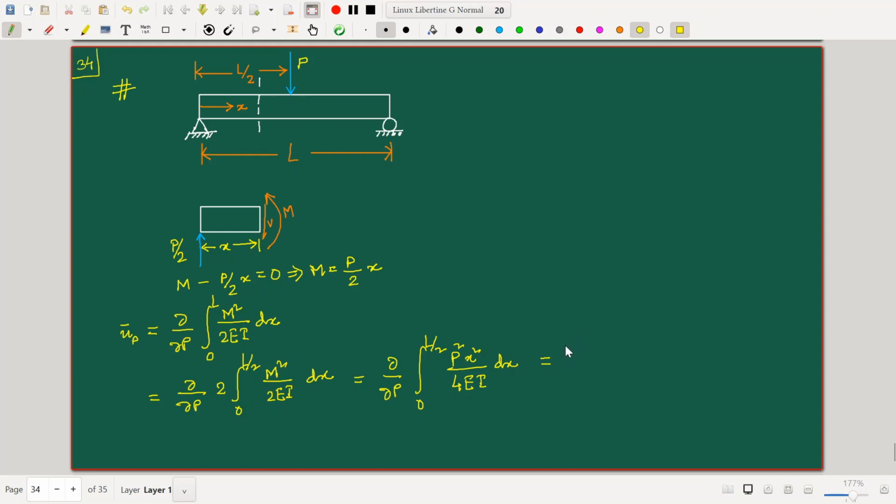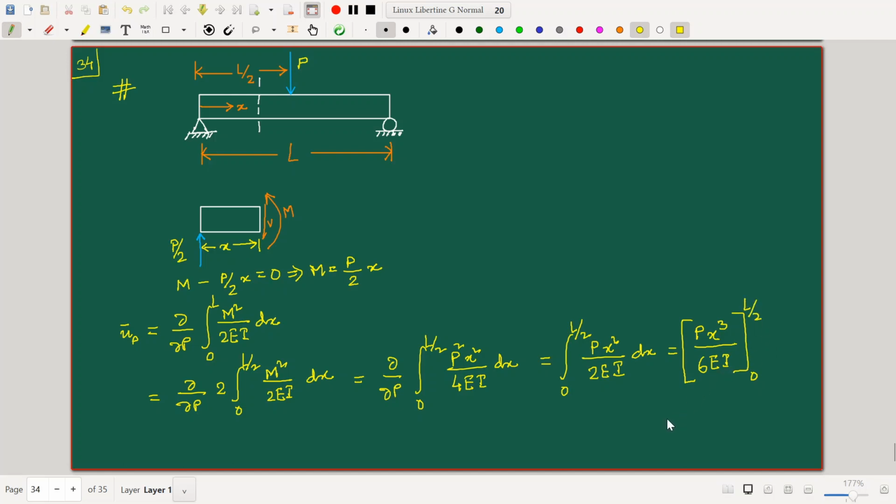Furthermore, if we carry out this differentiation, we end up with the integral from 0 to L by 2 of P x squared by twice EI dx. And if we carry out the integration, we obtain P x cube by 6 EI, from 0 to L by 2.